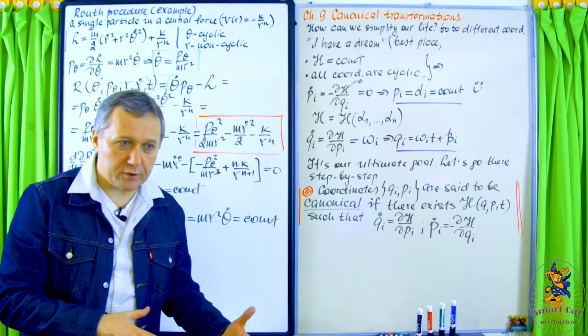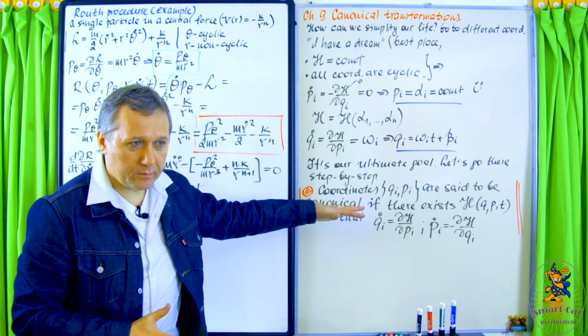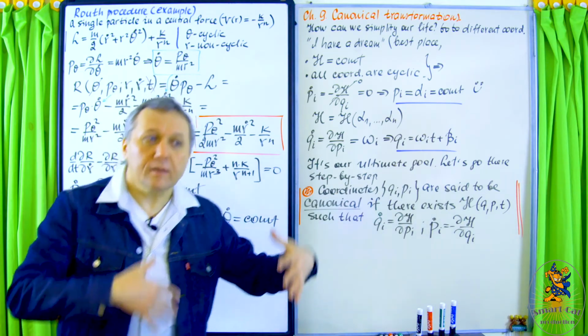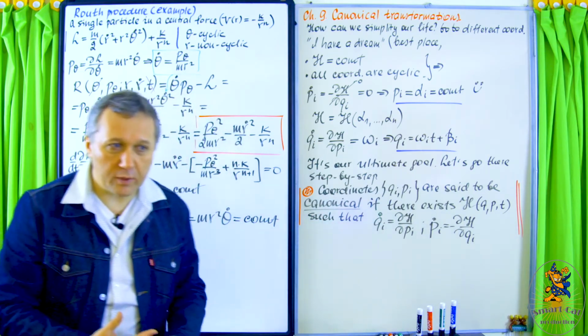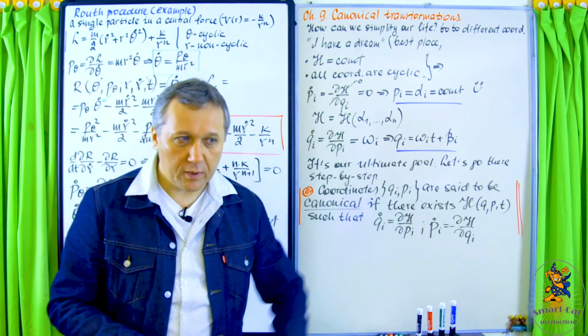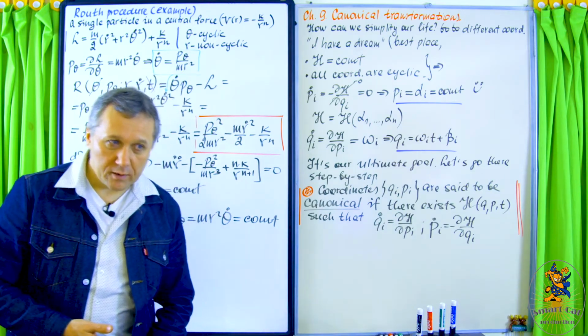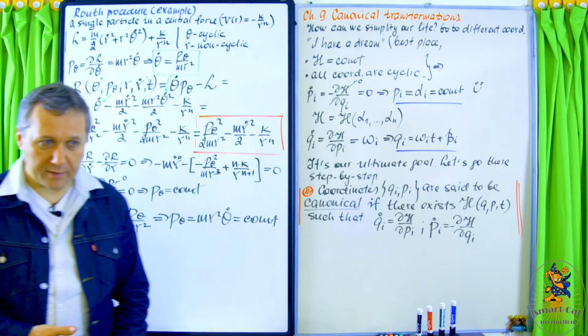If you follow that procedure, it will lead you from a set of canonical coordinates to a new set of, again, canonical coordinates. So here we have to be careful. We cannot just grab any transformation and go somewhere expecting that Hamilton's equations will still be the same. Here the game is slightly more complicated.